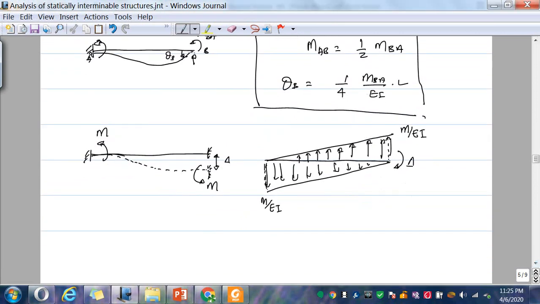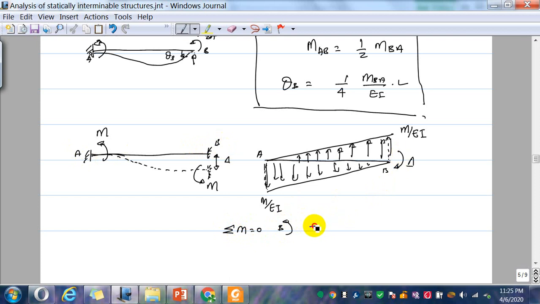Okay, so now we need to get the equilibrium conditions for this. So if I take moment about B, so this is A, this is B, sum of moments is 0.